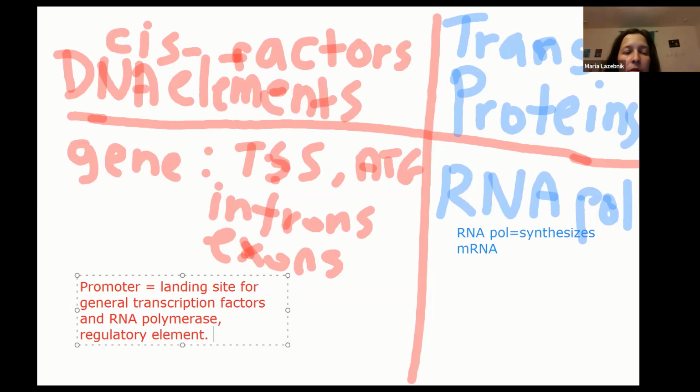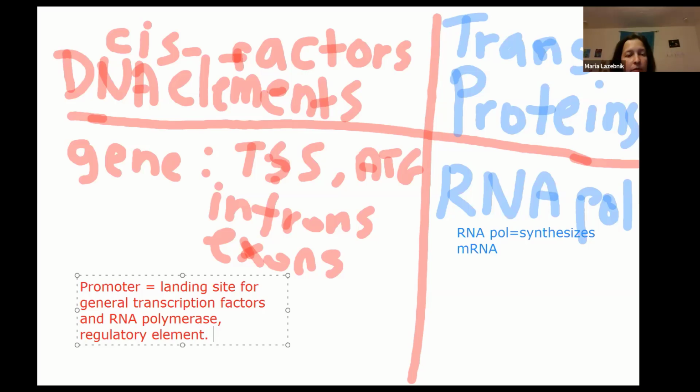So there's two types of promoter. There's a proximal promoter, which is located about 1,000 bases away from the gene, and then there's the distal element, called a distal promoter, which is located far away from the gene.